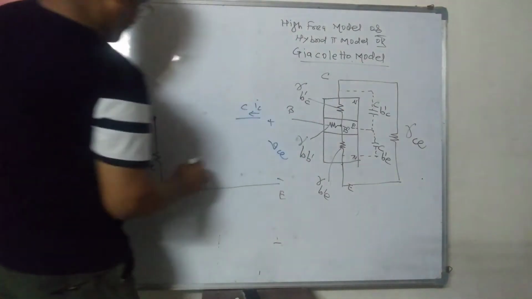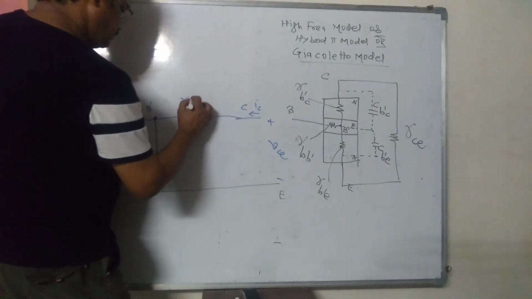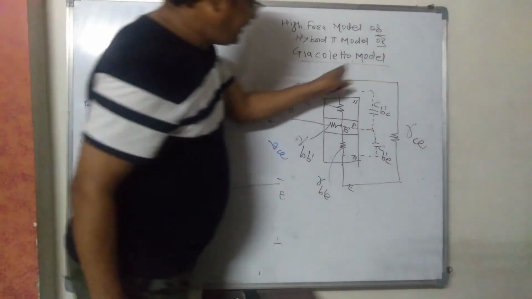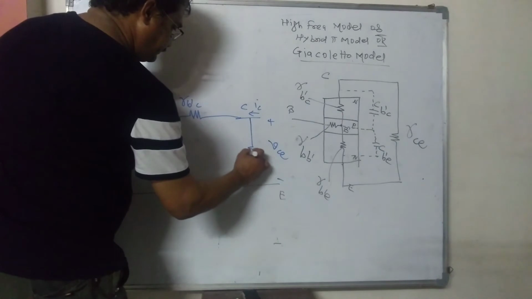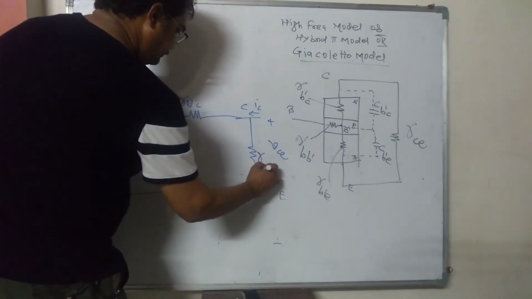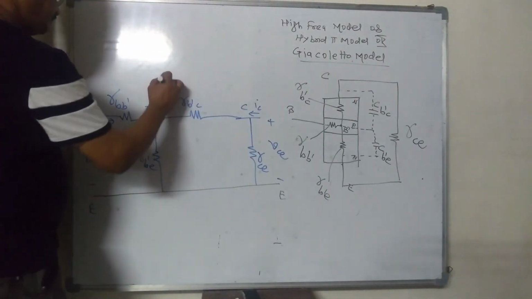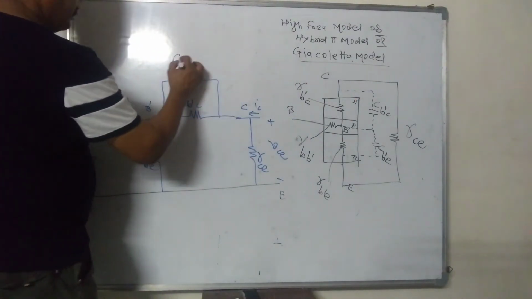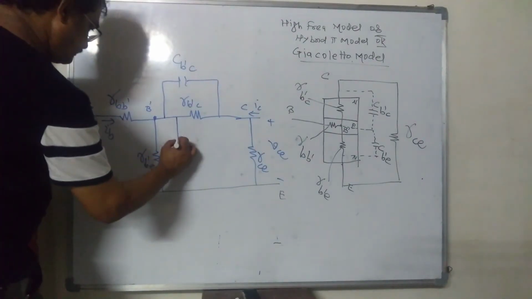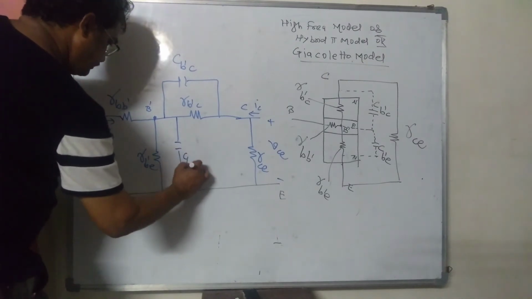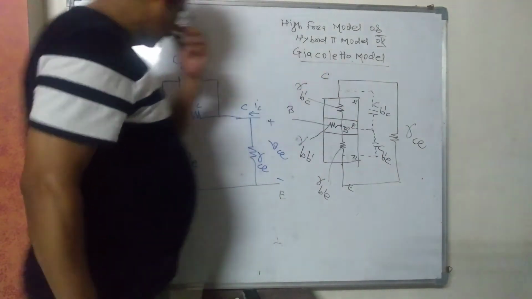Between B dash and C there is a resistance. Between C and E there is a resistor. Between B dash and C there is a capacitor. Between B dash and E there is a capacitor. One, two, three, four, five, six.